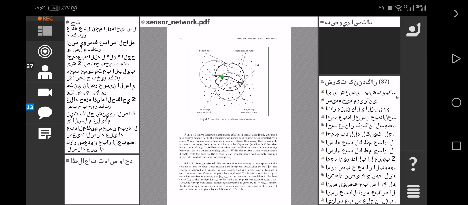This is the transmission range for SJ. This disk is the transmission range for SI, this disk is the transmission range for SJ, and this disk is the transmission range for SK.